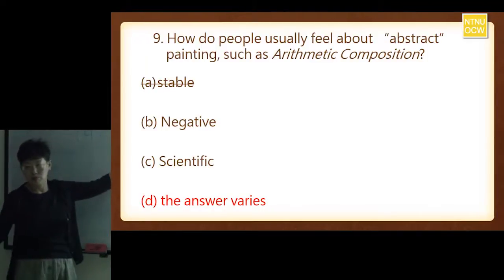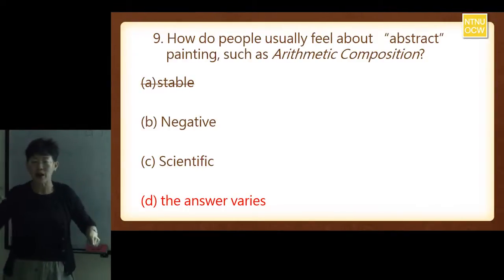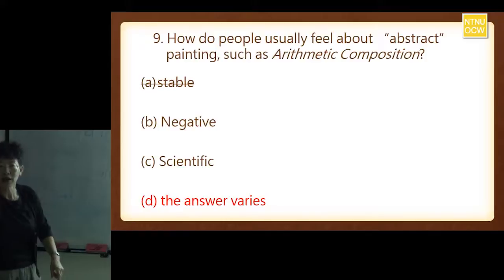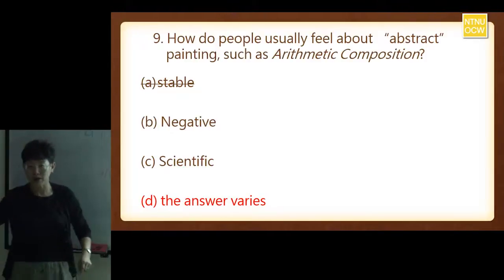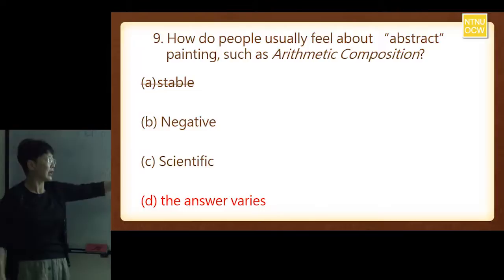No, right? Actually, like that painting with the four black squares, it can go forward, it can also go backward. Very simple things, okay? So it's not stable, right? It depends on you.